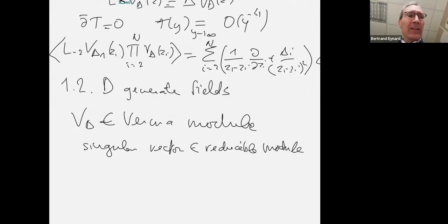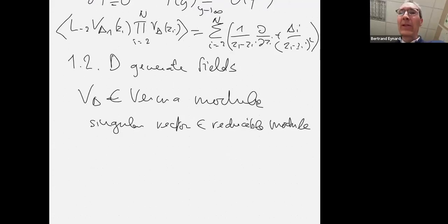So then your singular vector obeys Ln, for strictly positive modes, it kills the singular vector. So if you want, that's the definition of your singular vector. Now, let's consider a primary field V delta, and does it have any vanishing descendant field?